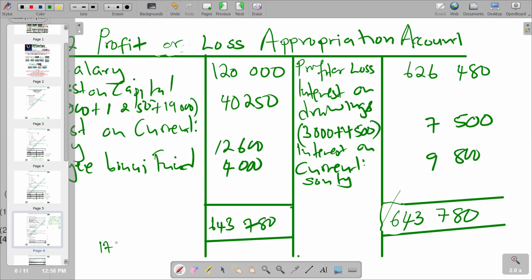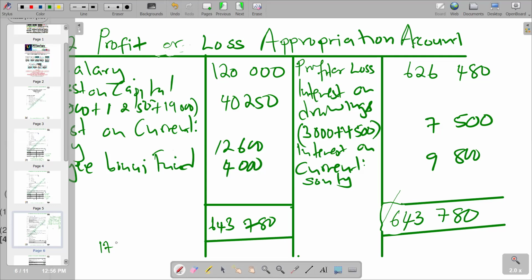And also, let's take notes on the issue of interest on current account. You can put them on one side, where you check where we have got a bigger figure. In other words, let's check our current account, interest on current: we have for Sony 12,600, and then for Sony 9,800 on the credit. So you see that the bigger figure of interest on current is on the debit side.